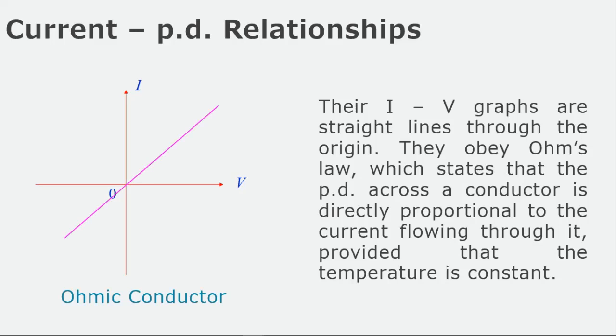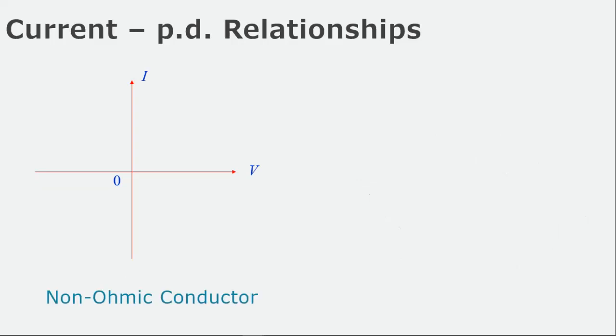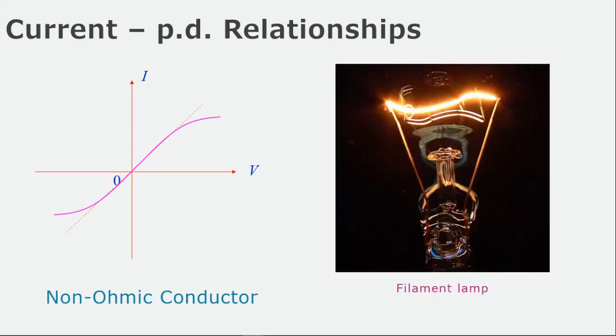Now, for a non-ohmic conductor, the I-V graph bends over as V and I increase, indicating that a given change of V causes a smaller change in I at larger values of V. That is, the resistance of the tungsten wire filament increases as the current raises its temperature and makes it white hot.